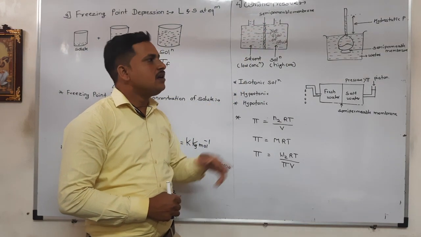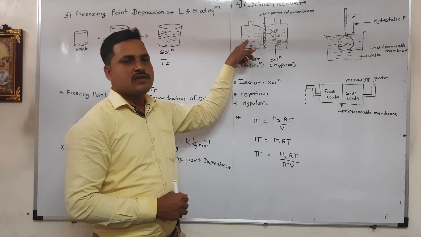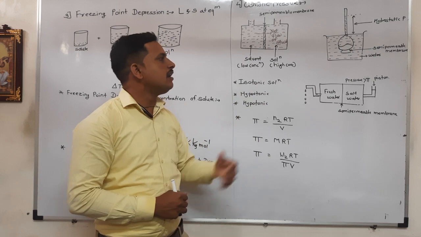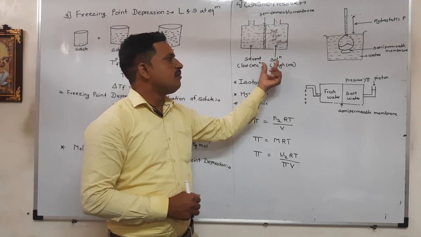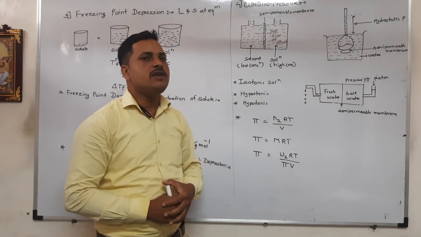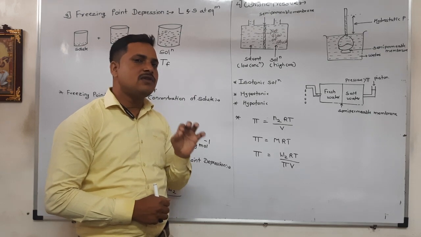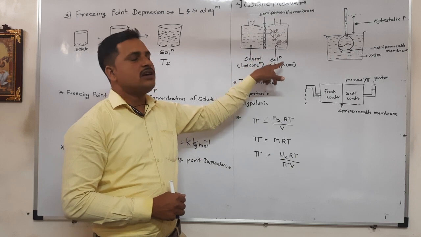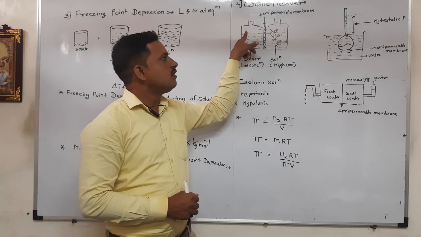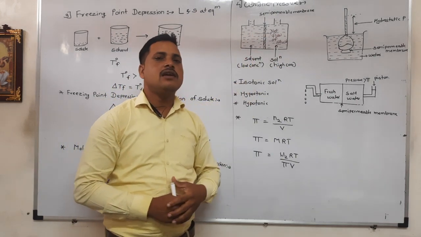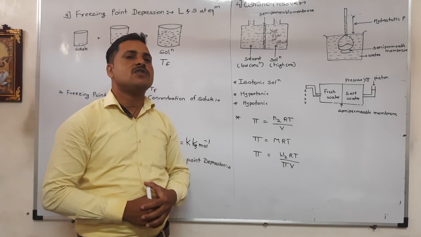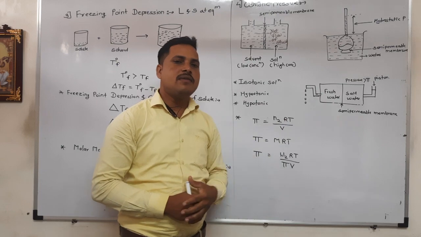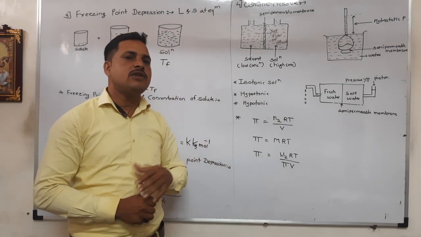After some time, the solvent molecules pass through the pores of the semi-permeable membrane to the solution. The transfer of solvent molecules from lower concentration to higher concentration through a semi-permeable membrane is known as osmosis.